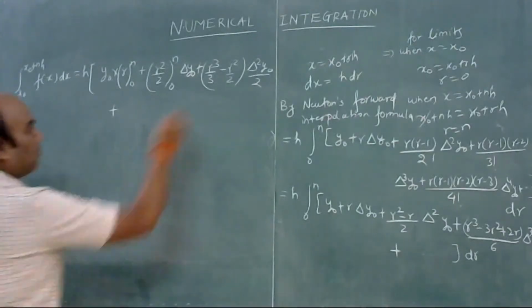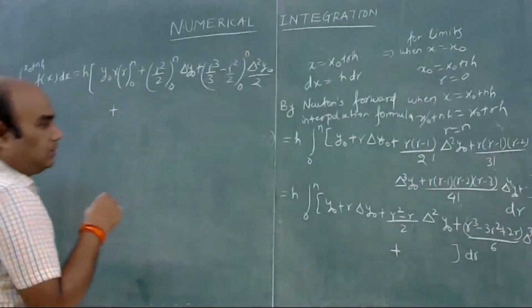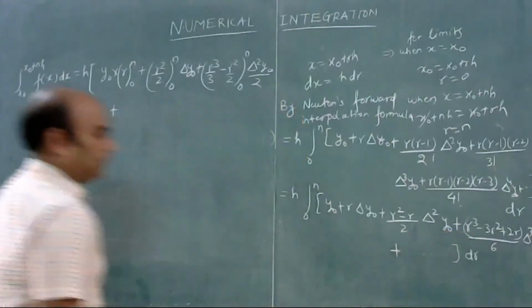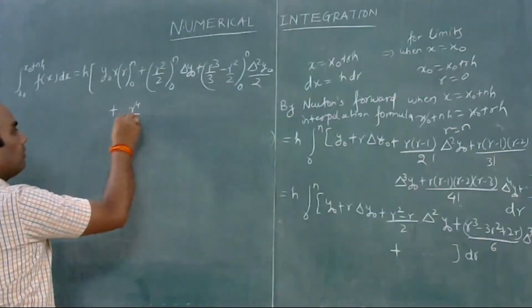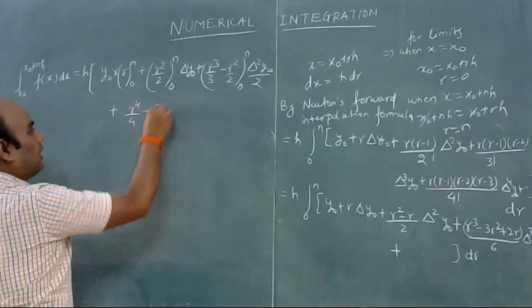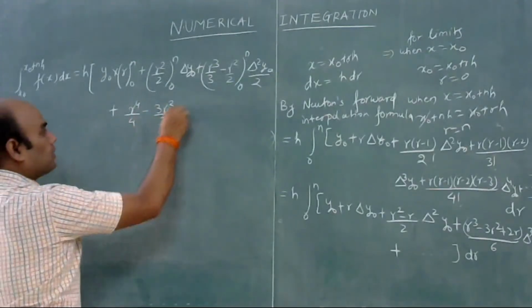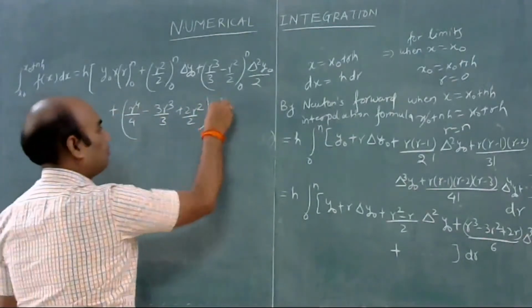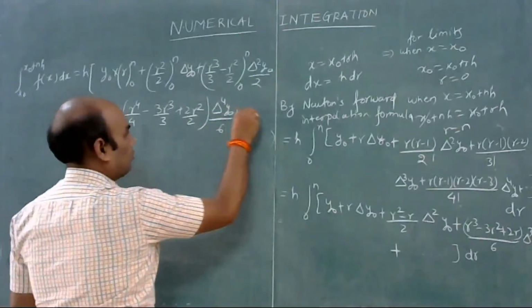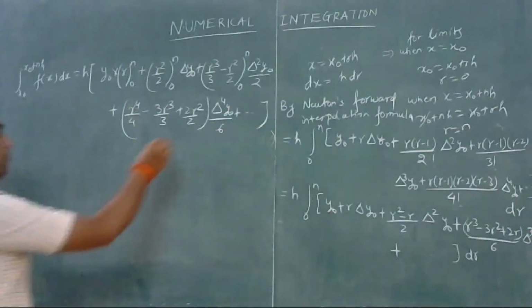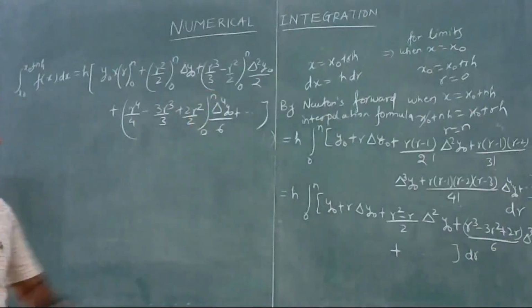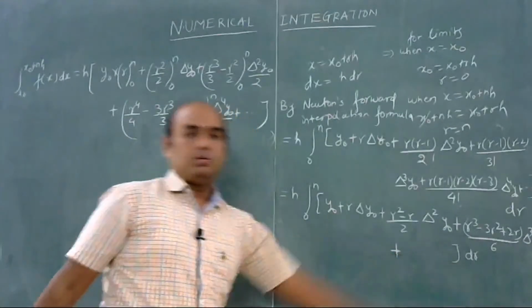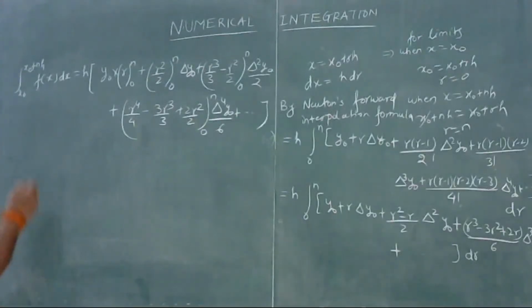plus, from 0 to n, the integration of r cube is r to the power 4 by 4, minus 3r cube by 3, plus 2r square by 2, times del to the power 4 y naught by 6. Okay, so this will be from 0 to n. So we have integrated this equation with respect to r. Now substitute n in place of r.